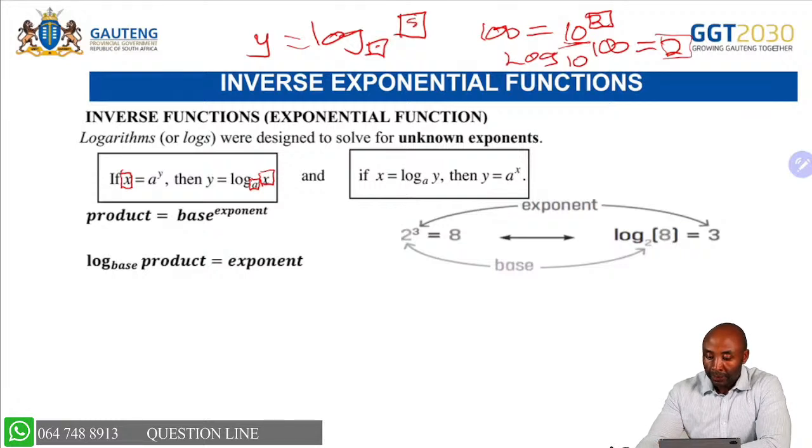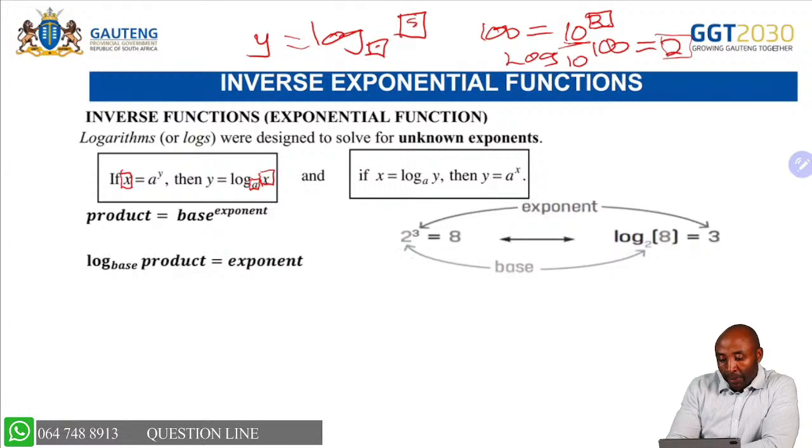If you check 2 to the power 3, our base is 2, our exponent is 3, will give us 8. So 2 exponent 3 will give us 8. And you are able to see that using logarithms, 2 is the base. The logarithm of 8 to base 2 will give us 3, which was our exponent when we are dealing with exponential form.